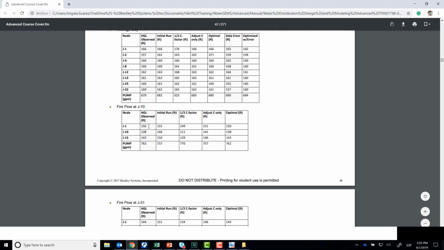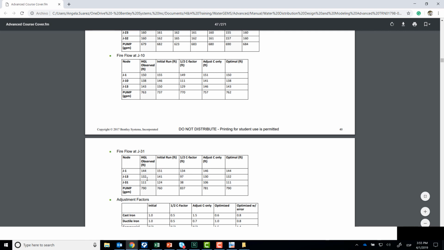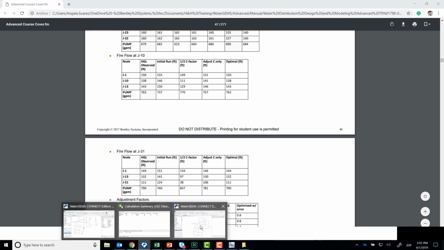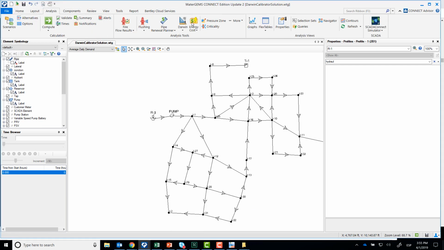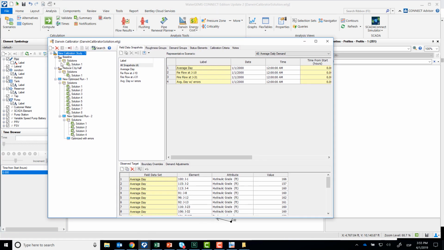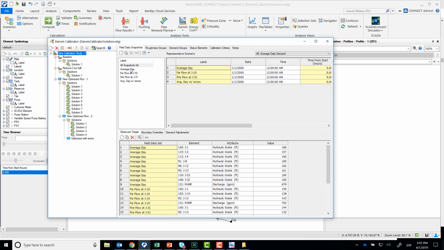Between 138. It should be 138, but it's telling me 146. It should be 143, but it's telling me 150, right? So that's the starting point for our measurements. So if I go back to my Darwin Calibrator, we can see that we've input all that data we showed there, both for average conditions, but also for the fire flows.